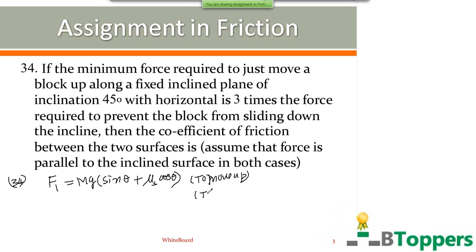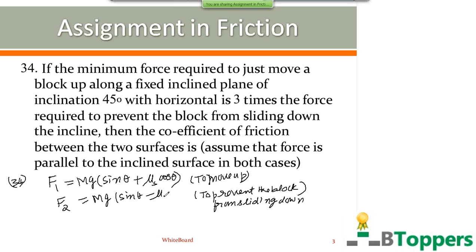In the next special case I discussed that to prevent the block from sliding down, the magnitude of the minimum force to be applied on the block parallel to the inclined surface, in order to just prevent the block from sliding down the inclined plane, is given by F2 equal to mg into sin theta minus mu_s cos theta.